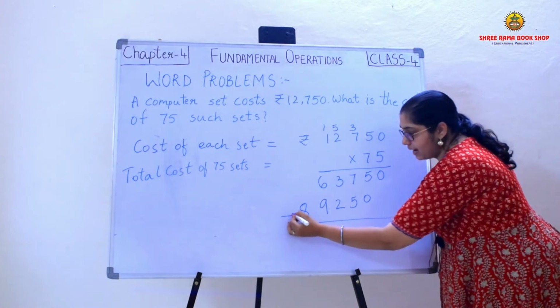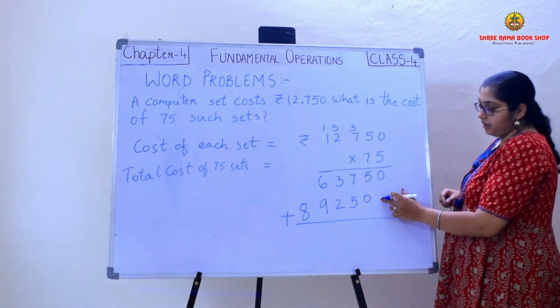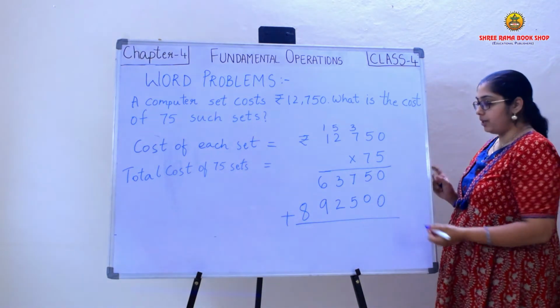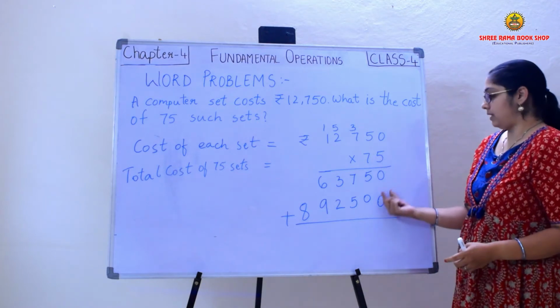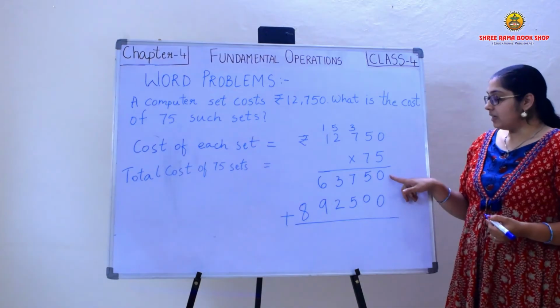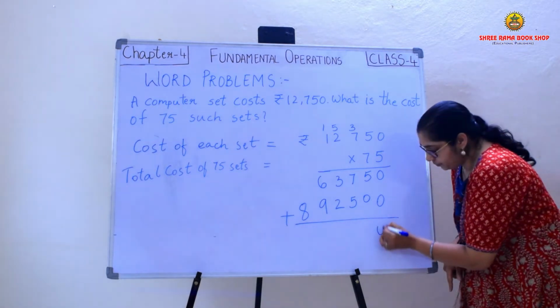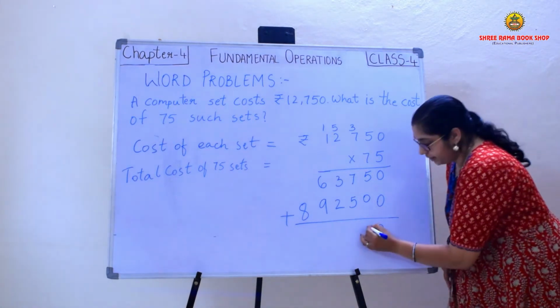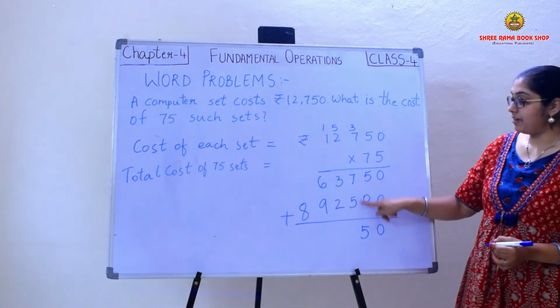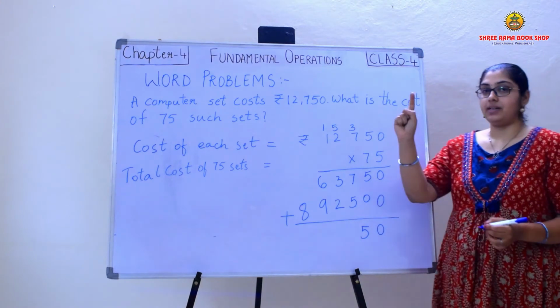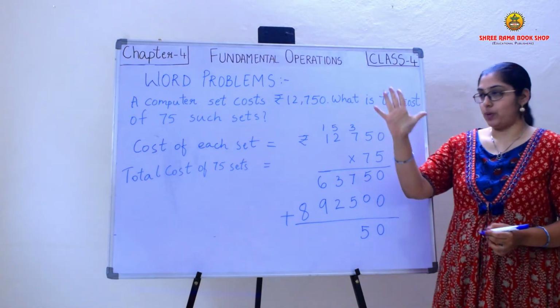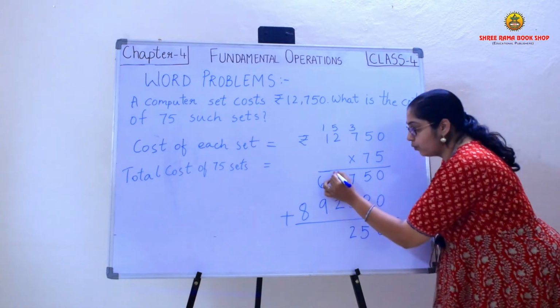Right? Now I need to add both the products. Here it is again a 0. You already know why I am putting a 0, because it is the ones column. 0 plus 0 is 0. 5 plus 0 is 5. Again, 7 plus 5, after 7, 8, 9, 10, 11, 12. So 2 and 1 carry.